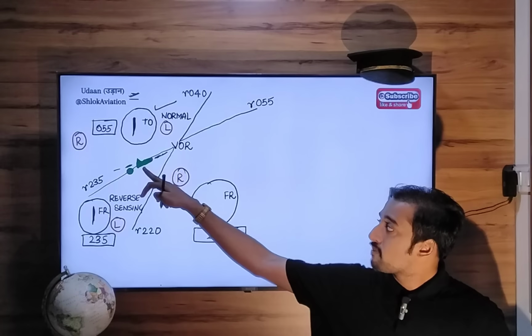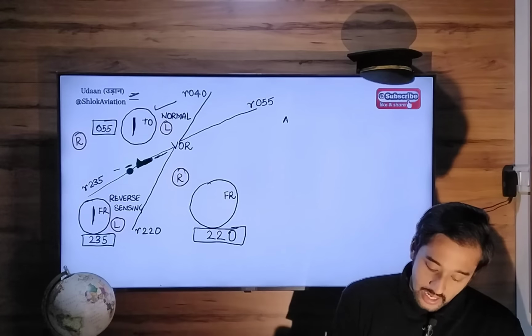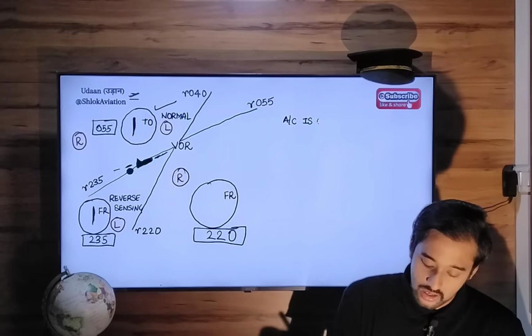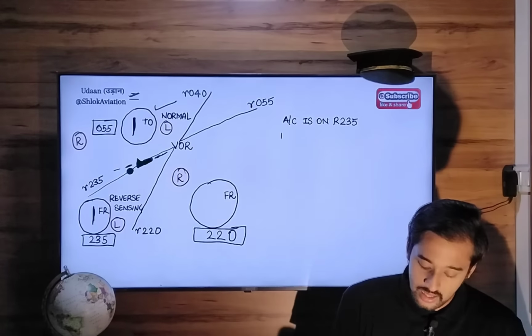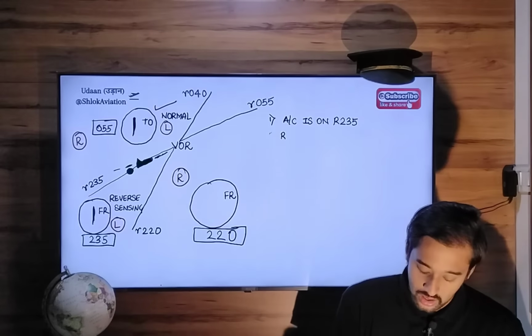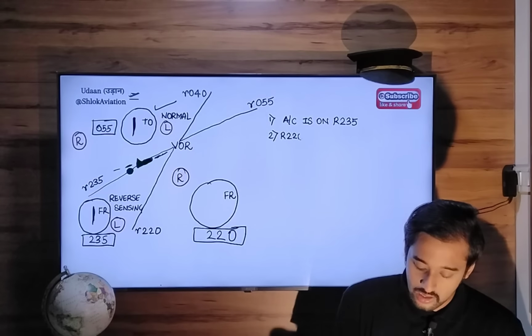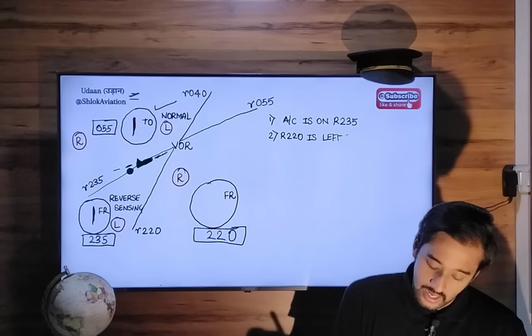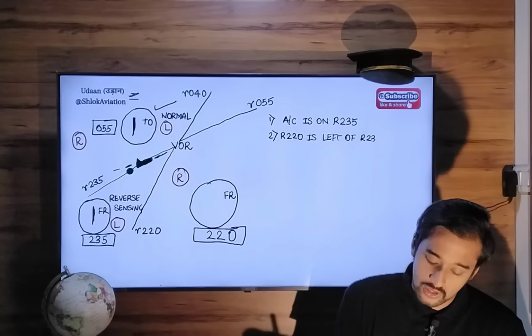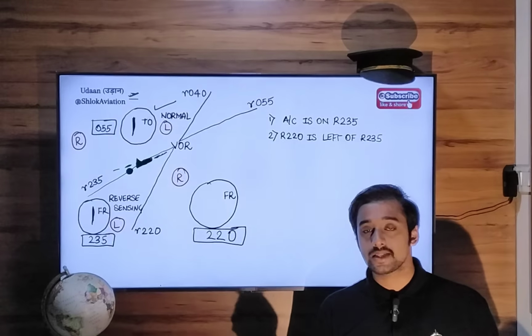And now the aircraft is on radial 235. Radial 220 is to the left of radial 235. How to the left? Because all radials go outbound.